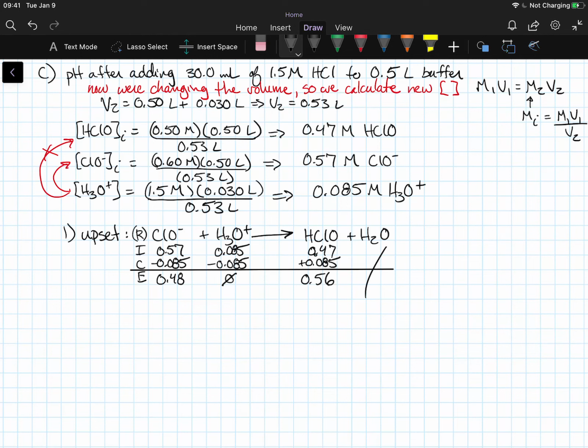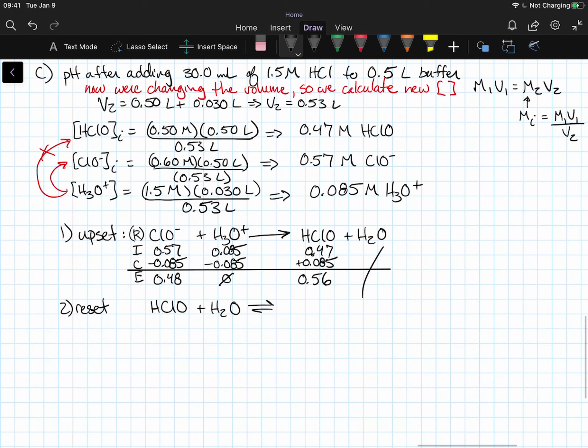Again, now we've upset our weak acid equilibrium, so it's going to reset itself. And we are going to calculate how it's going to do that. So we just draw out our weak acid equilibrium again. Again, this is just the generic form of HA plus H2O.